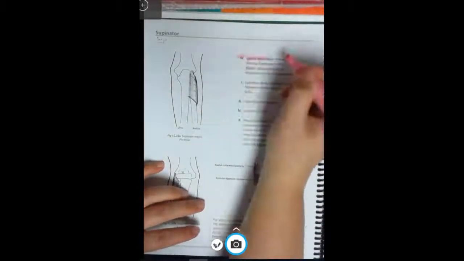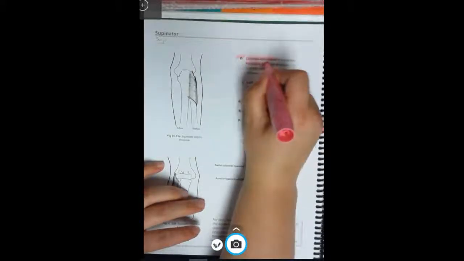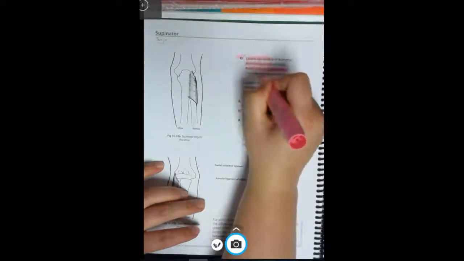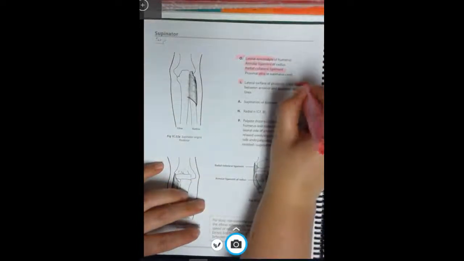Okay, kind of mixing it up into some more forearm muscles. This is your supinator. I might abbreviate it like that. I might spell out the whole word. We have a lot of origins here. So we're going to originate from the lateral epicondyle, the annular ligament, the radiocollateral ligament, and then we're going to originate onto the ulna. And now we're going to insert onto the radius.